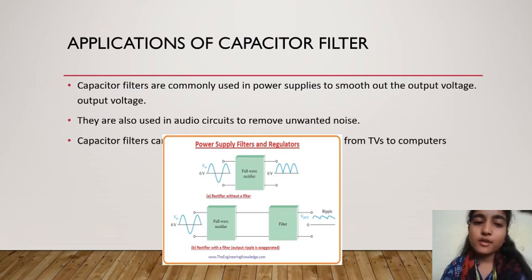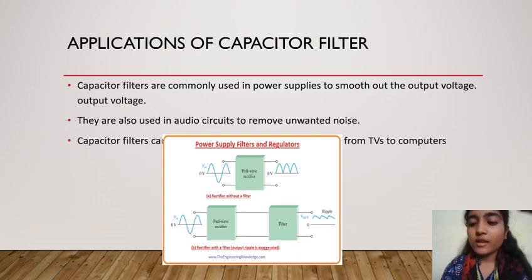Applications of capacitor filter. Means applications equals uses. First point is capacitor filters are commonly used in power supplies to smooth out the voltage output. In the previous slide also I have said that they are commonly used in power supplies to smooth out the output. They are also used in audio circuits to remove unwanted noise.